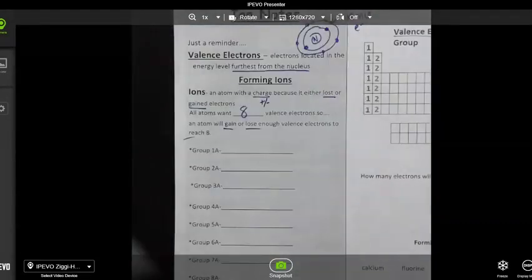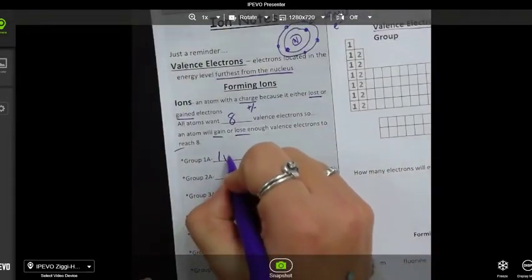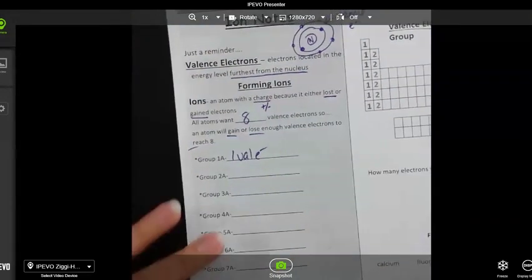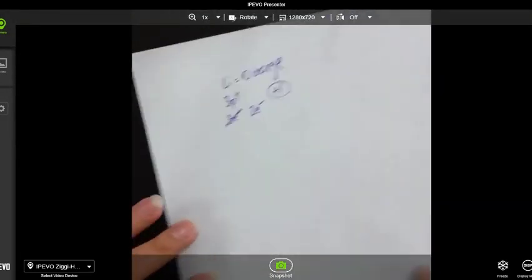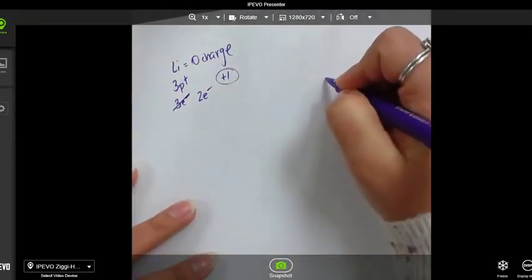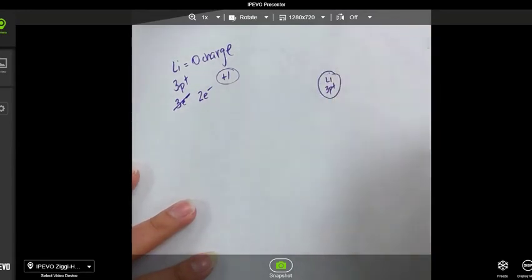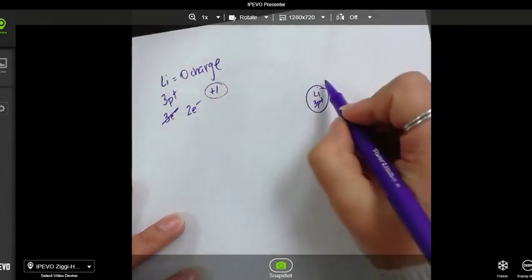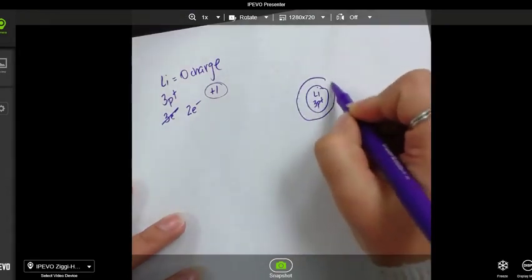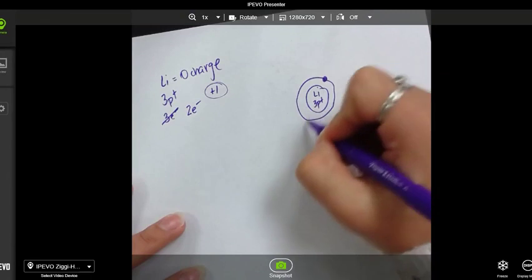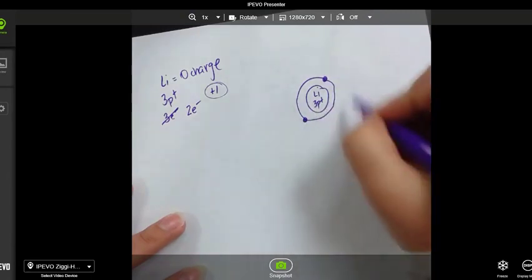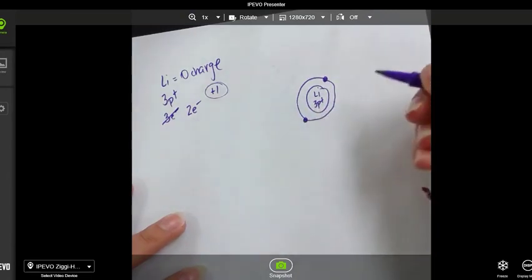Group 1A, everybody in this group here, has 1 valence electron. Now, if I have lithium, Li, it's got 3 protons in its nucleus and 3 electrons total. In the first level, the most that I can have is 2. I cannot put any more. I can have less than 2, but I cannot have more than 2.